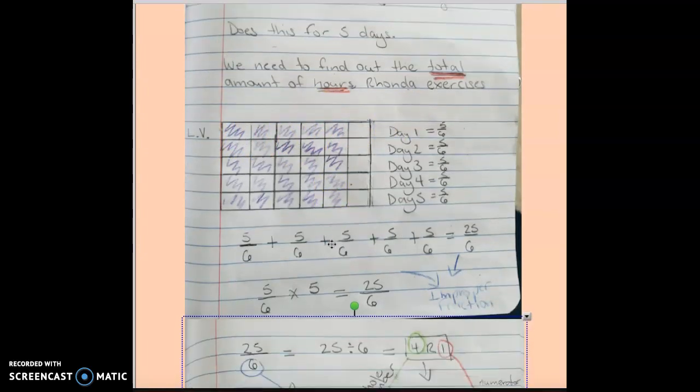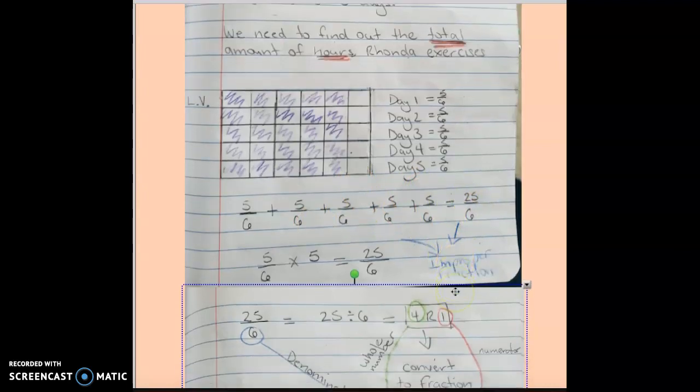And what I did here is I used the standard algorithm of addition to represent the amount she ran over the course of 5 days. So we have 5/6 5 times. 5/6 plus 5/6 plus 5/6 plus 5/6 plus 5/6 equals 25 over 6. We know it's an improper fraction, and so we will convert that.